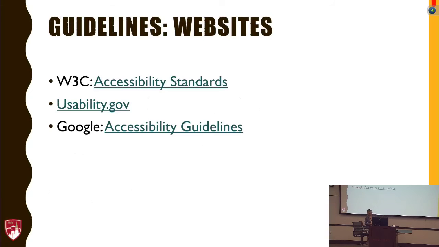So there's all kinds of guidelines for websites, W3C, the accessibility standards. Because all government websites have to be accessible, they have a huge usability guide, usability.gov, and then Google also has a web design accessibility guideline here.